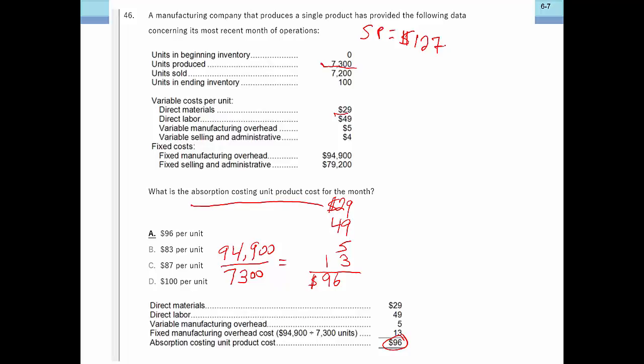So I have sales of $127 times the 7,200 units that got sold. That gives me $914,400.